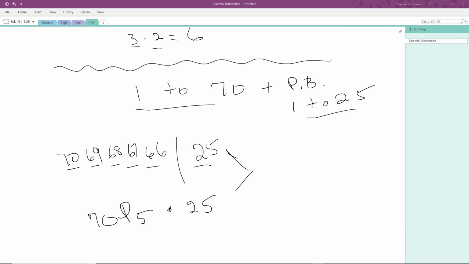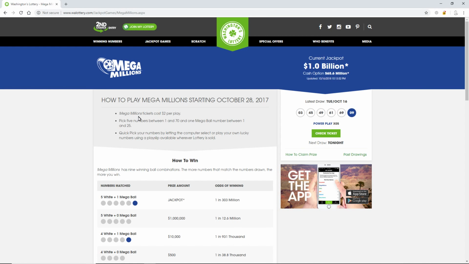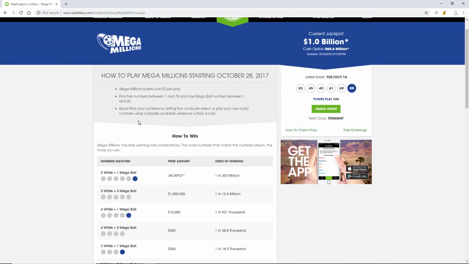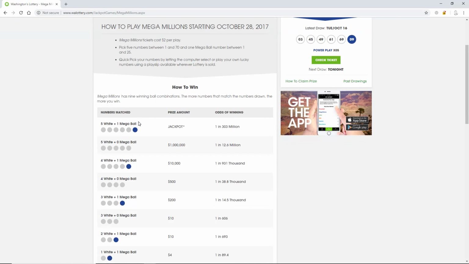So we've calculated the odds tonight. Man, it is actually 1 in 3.6 billion chance. Now wait, what did it say on the website? Did it say what I think it said? The odds of winning the jackpot.